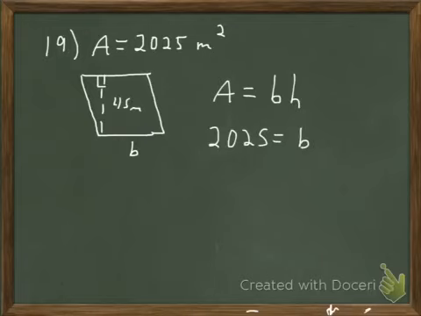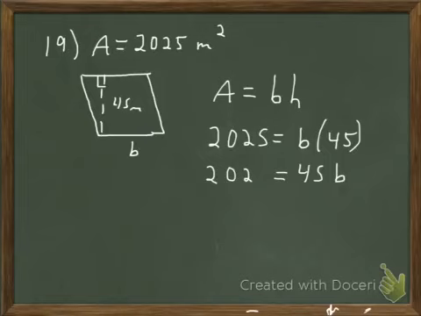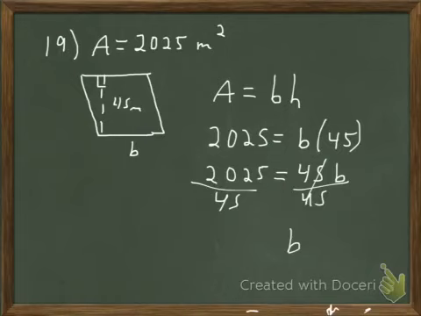We do not know the base, but we know the height is 45. Okay, I kind of like to rewrite this. I always like my number first, but that's just a little quirk here. But that makes it easier to see what to do. So now you would divide by 45. And then 2,025 divided by 45, just to double check their answer. Well, you get 45. So B is equal to 45. The base is 45 now.